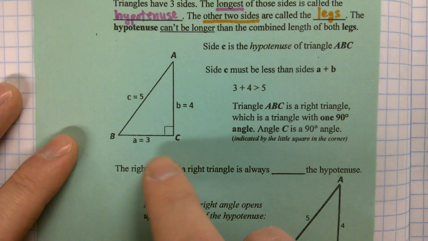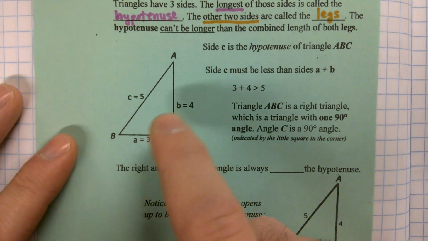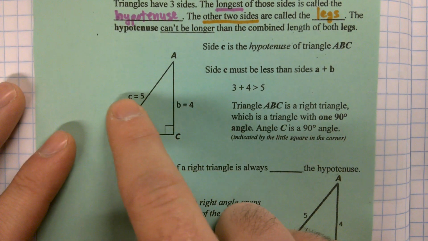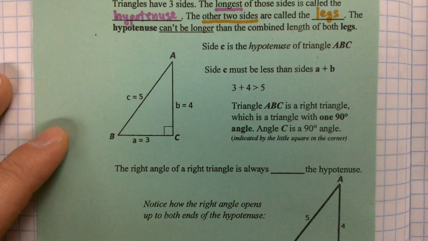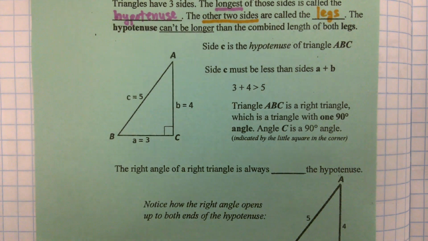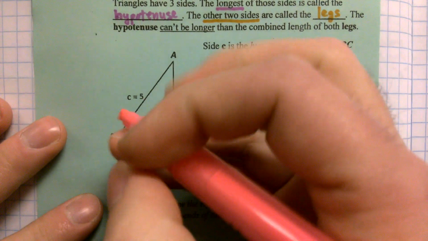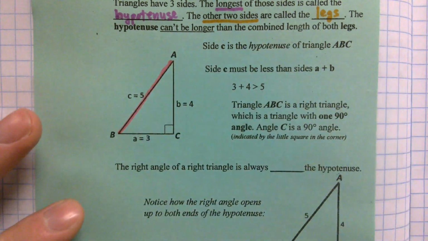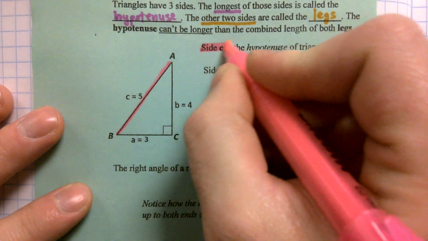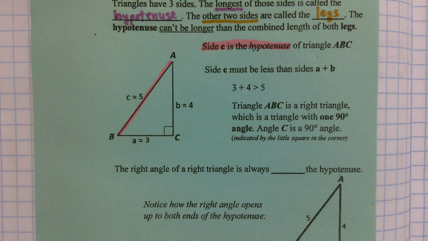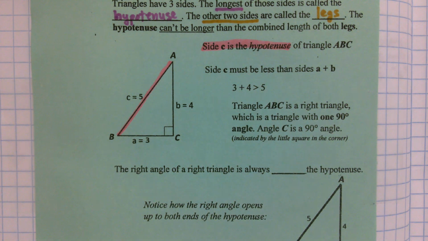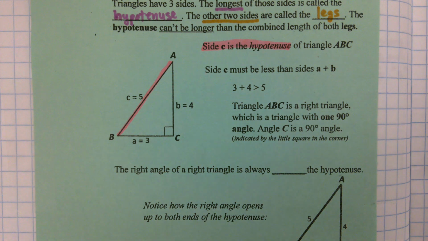All right? If side A is 3, B is 4, and C is 5, which of these sides is the hypotenuse? Side C. How do you know that side C is the hypotenuse? It's the longest. Exactly. Side C is the hypotenuse of this triangle. 5 is a longer length than 3 and a longer length than 4.